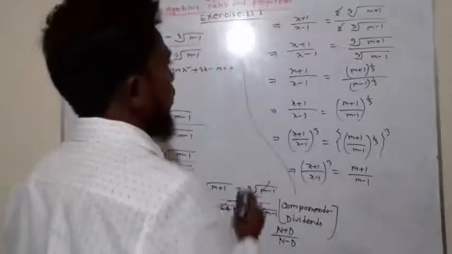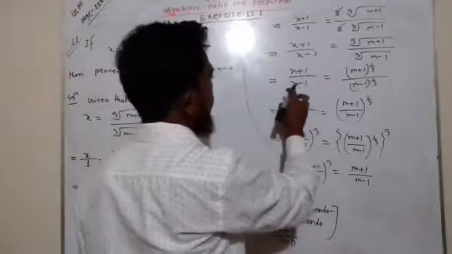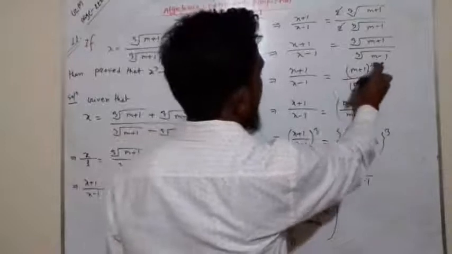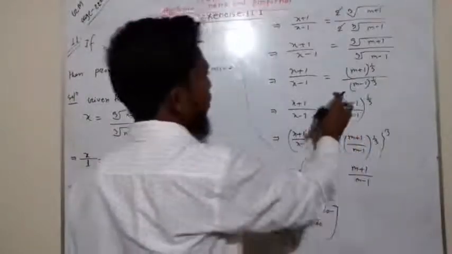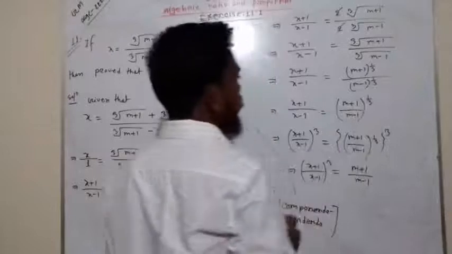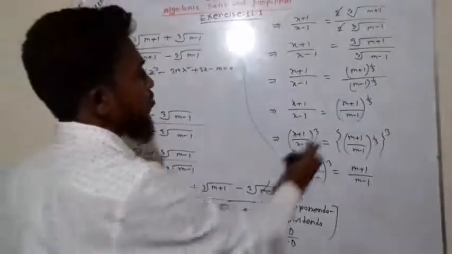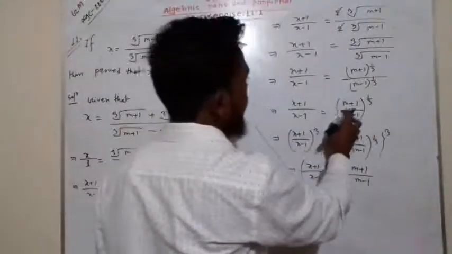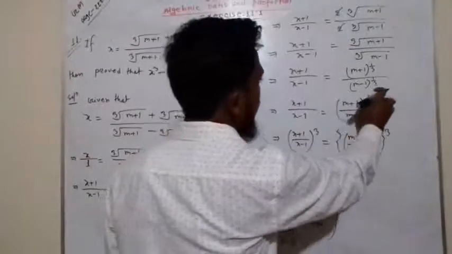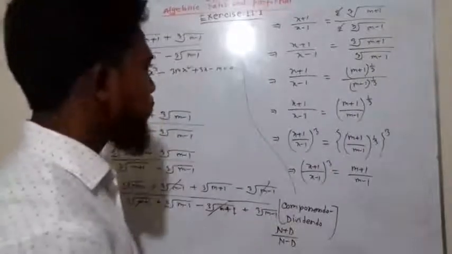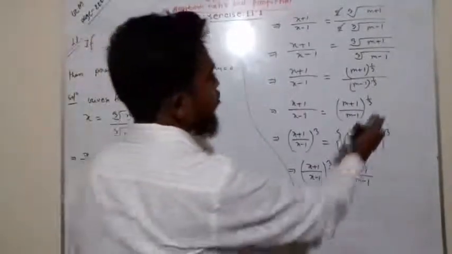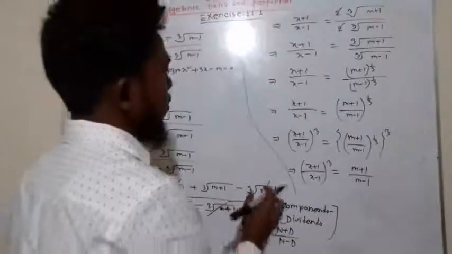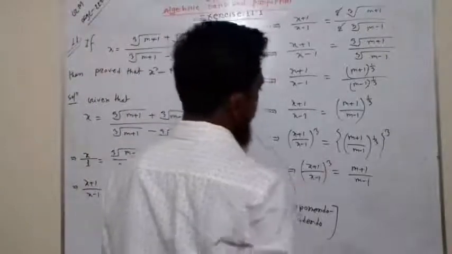Here we can write x plus 1 divided by x minus 1 equal to (m plus 1) whole to the power 1 by 3 and (m minus 1) whole to the power 1 by 3. So here the base is different and the power is the same. So we can write (m plus 1) divided by (m minus 1) whole to the power 1 by 3. To remove this power 1 by 3, we apply cube on both sides.